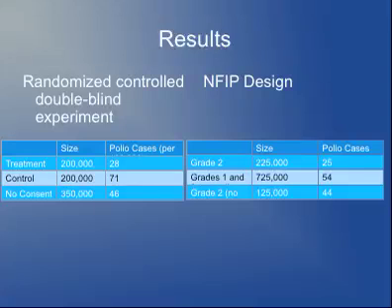And yeah, once again, I apologize for the fact that my slide got messed up here. That's supposed to say grade, under the NFIP design, that's supposed to say grade 2, and then grades 1 and 3, and then grade 2 with no consent.